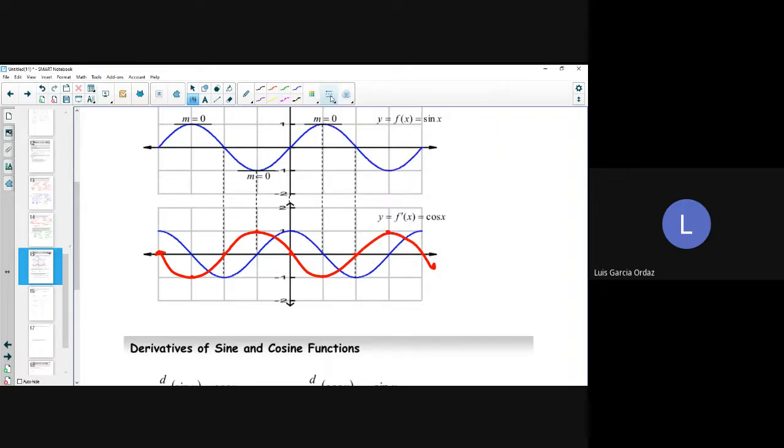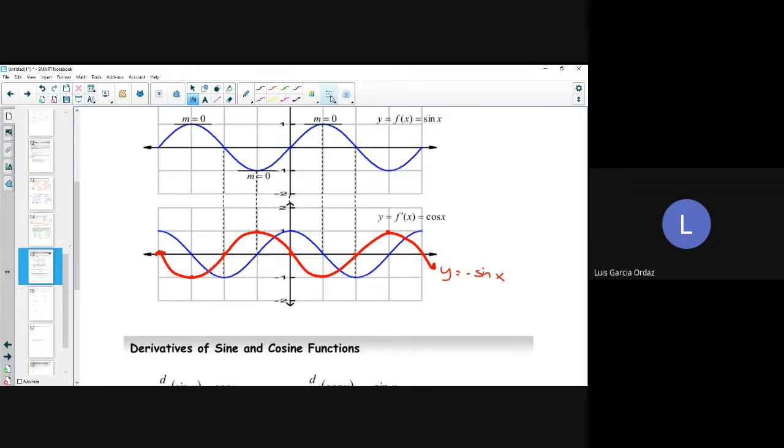It's just shifted over to a certain point. And this would be y is equal to negative sine x. So the derivative of sine x is cos x. And as you can see, the function of cos x is just negative sine x shifted to the right by a certain amount of units.